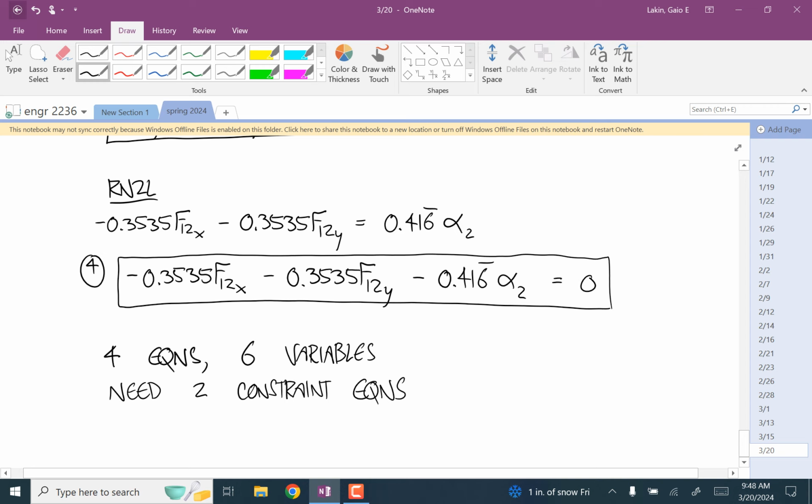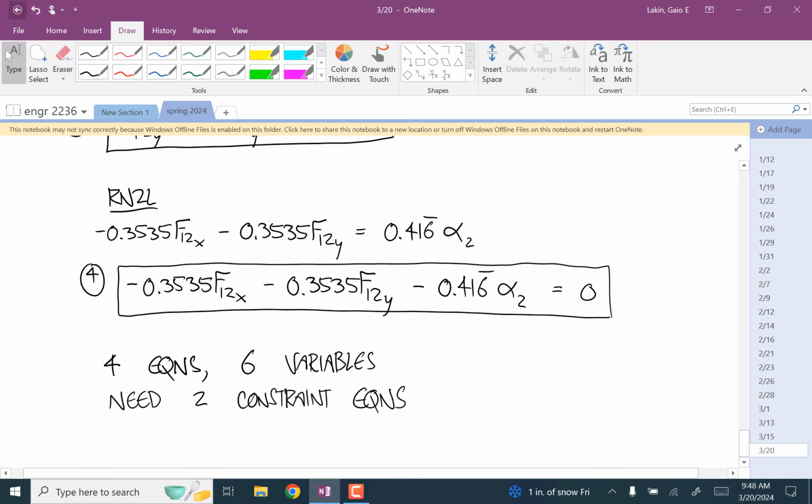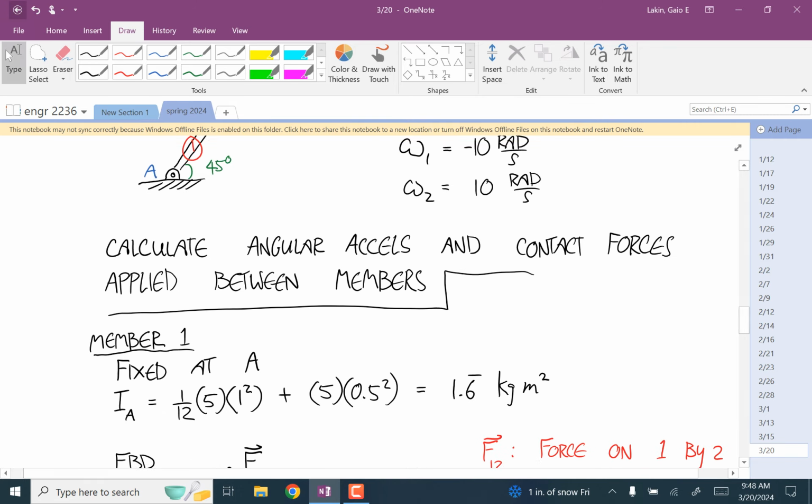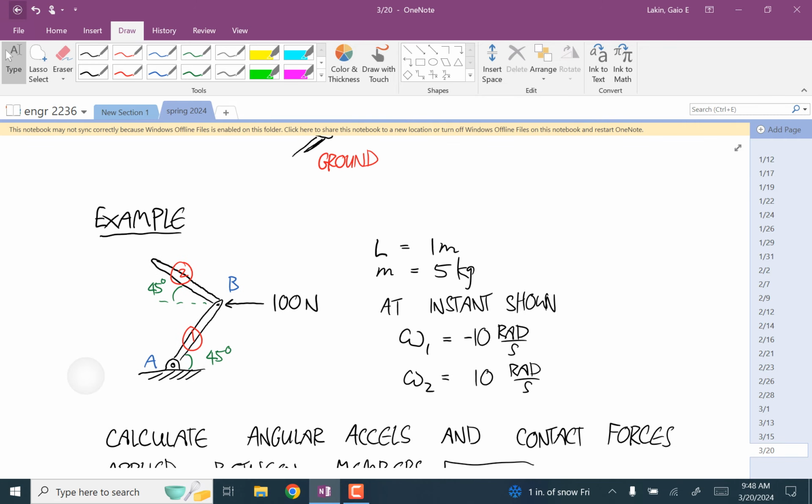And it always works out this way. So we know we need 2 constraint equations. How many joint constraints are available? It's always going to match up with what you need. The only joint constraints we have available are saying that the x and y components of acceleration of this point have to match when you calculate it according to this member and according to this member.